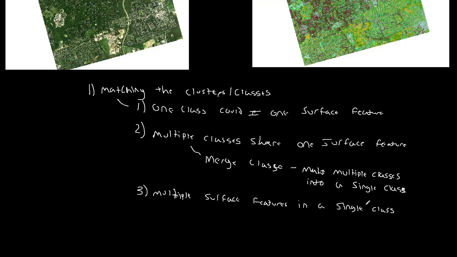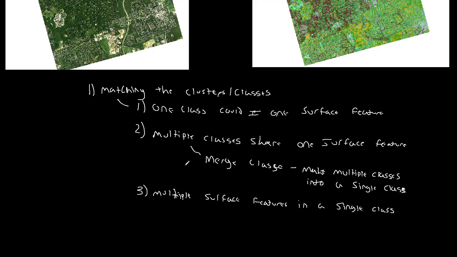So if we look up here, maybe we really did want to pull out the manicured landscape from the trees. Maybe that was a goal that we had. But you can see that this green right here is clearly the manicured golf course, but this green also occurs in other places. And so now we have to make a decision.